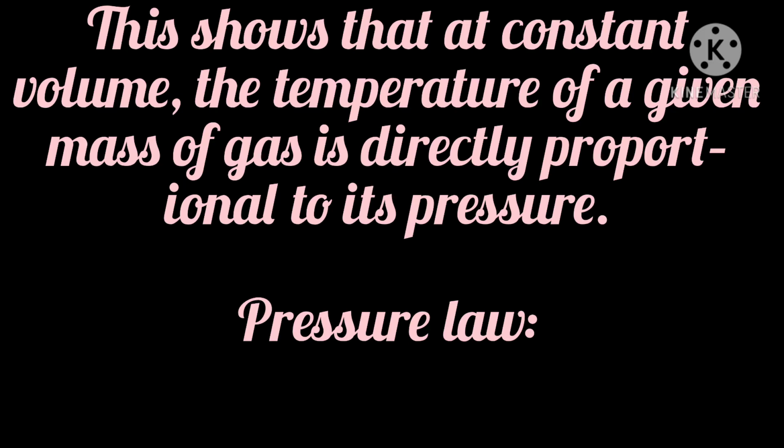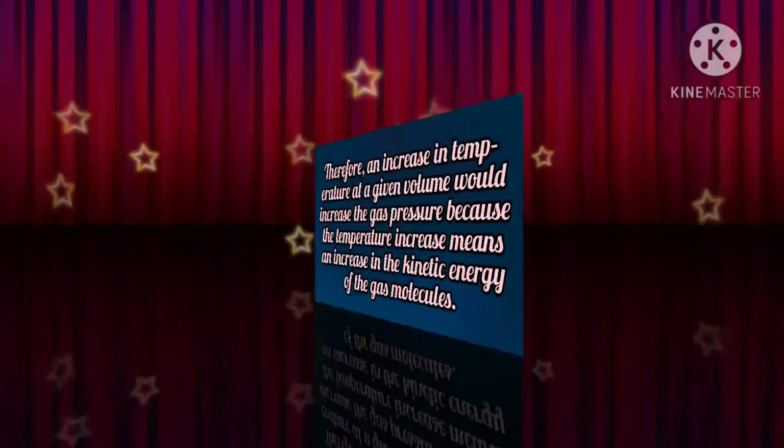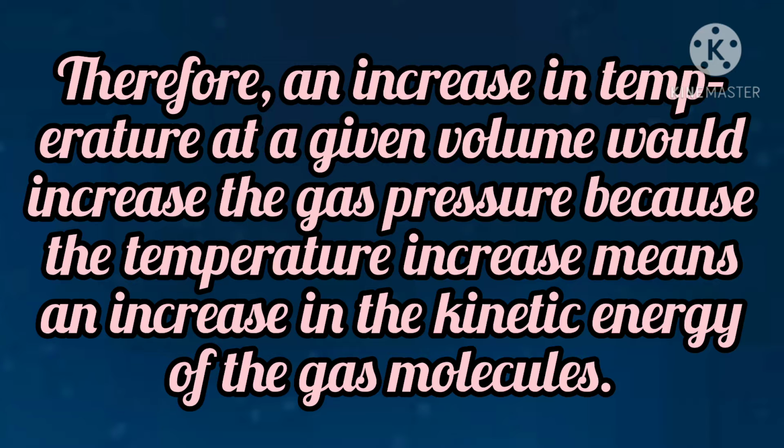This shows that at constant volume, the temperature of a given mass of gas is directly proportional to its pressure. Therefore, an increase in temperature at a constant volume for a given mass of gas would increase the gas pressure.